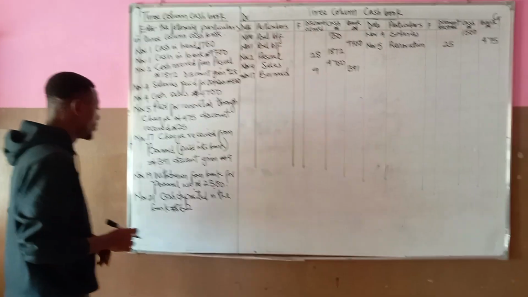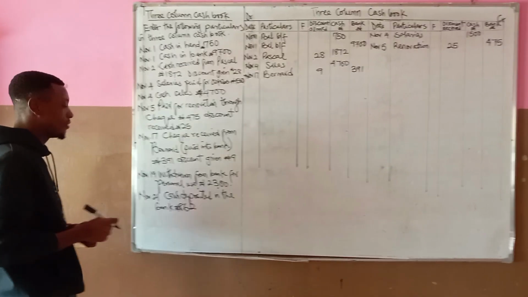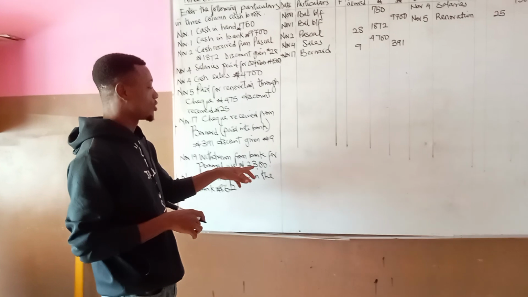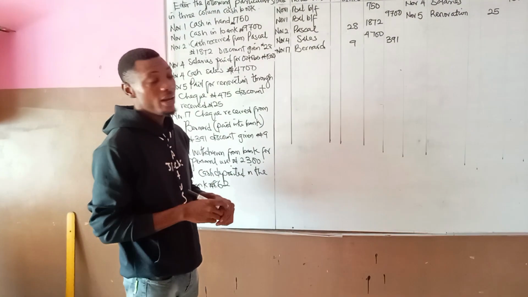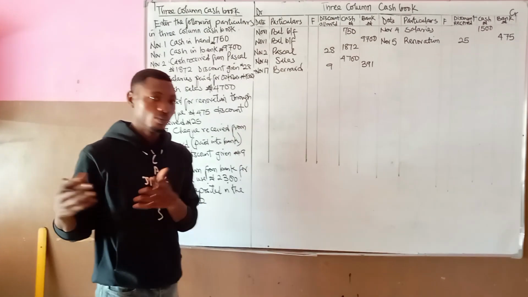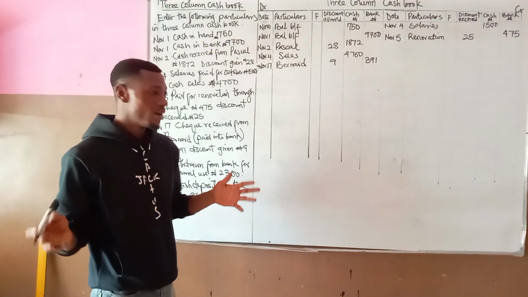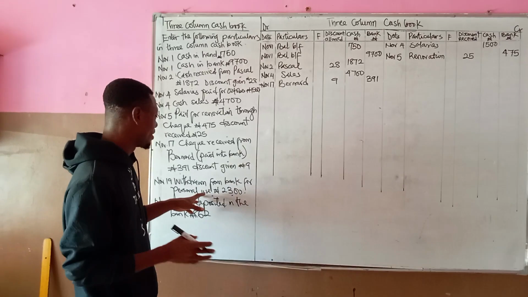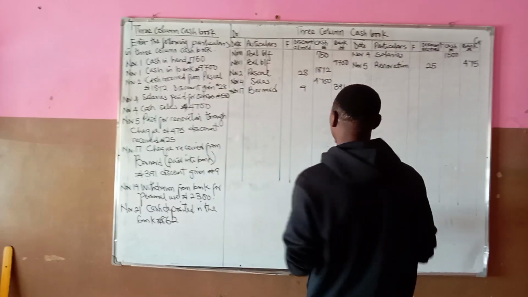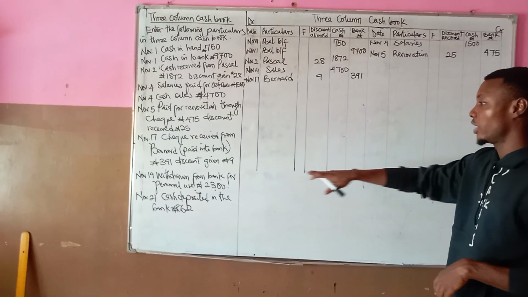November 19, we drew from bank for personal use. This is not a contra entry because the money was not invested in the business. It is actually drawings, that is, you are taking out of the business for personal entertainment or whatever. So this comes under drawings. When we go to the balance sheet account, it's always recorded under drawings.